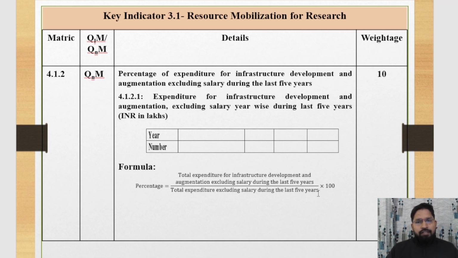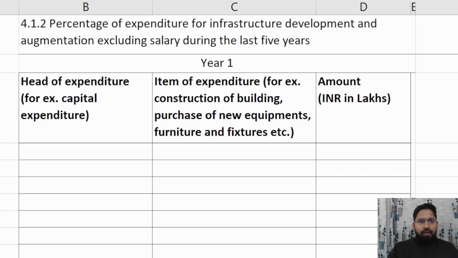Now we discuss the detail in the template. This is the template of 4.1.2.